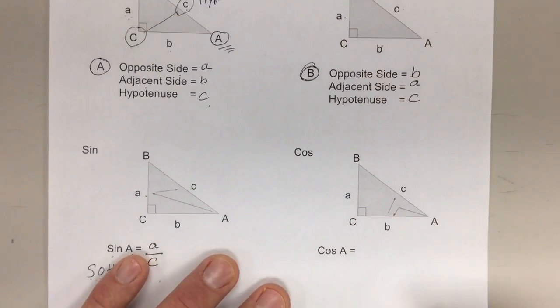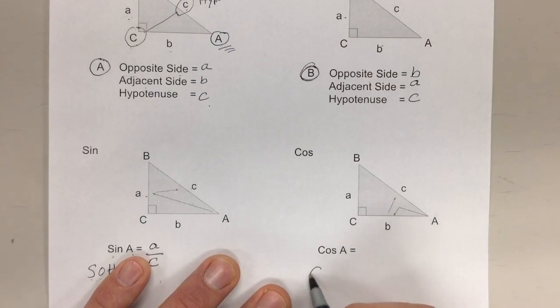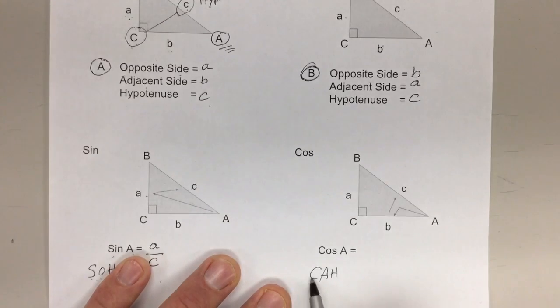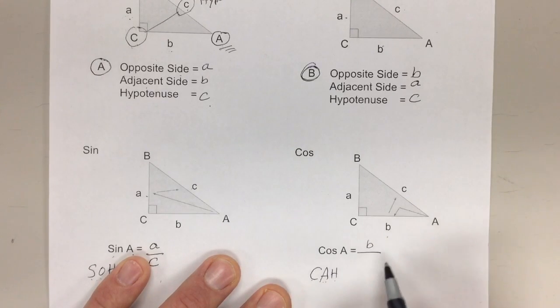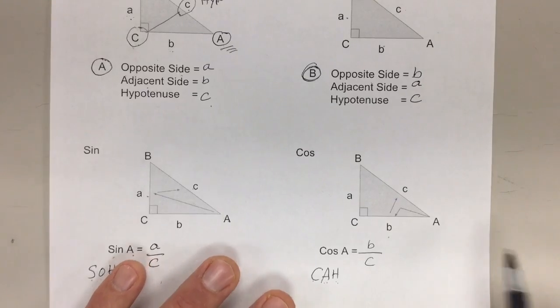The cosine of A, well, that goes with CAH. Cosine, adjacent, hypotenuse. So the adjacent side to A would be b. And of course, the hypotenuse is always c.